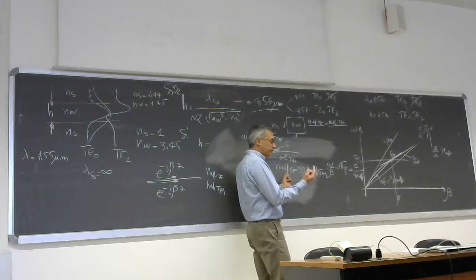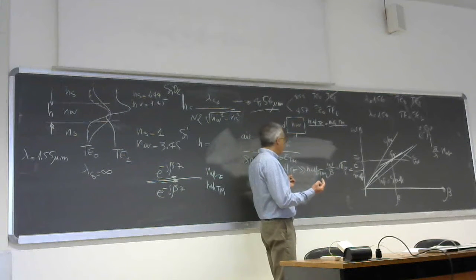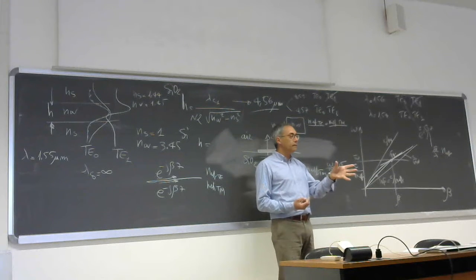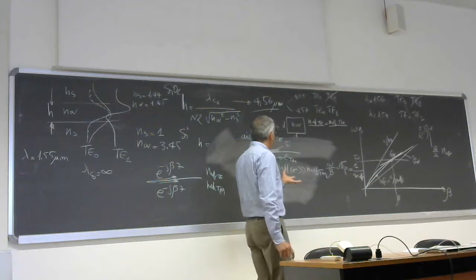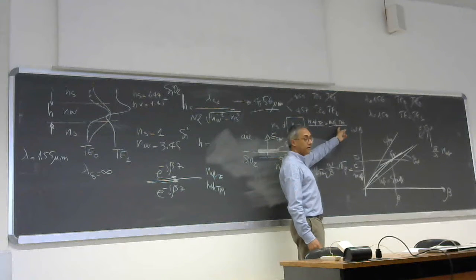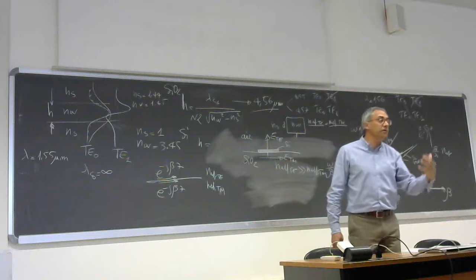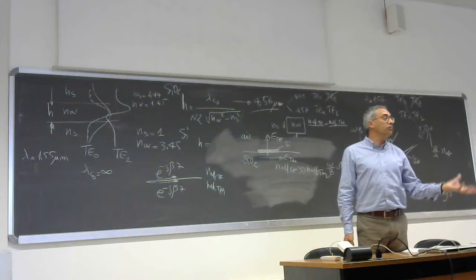The position of the filter depends on the effective index. So if you enter with the TE or the TM, you have a different filter. So for this kind of application, it's very important to have the effective index of the TE equal to the effective index of the TM, so the behavior of your device is independent of the polarization. So we are talking about a polarization independent device.